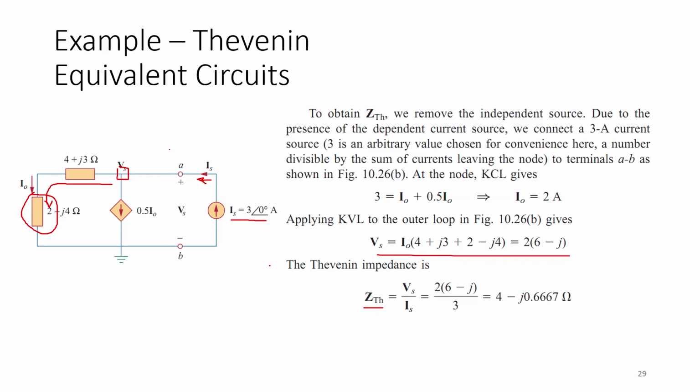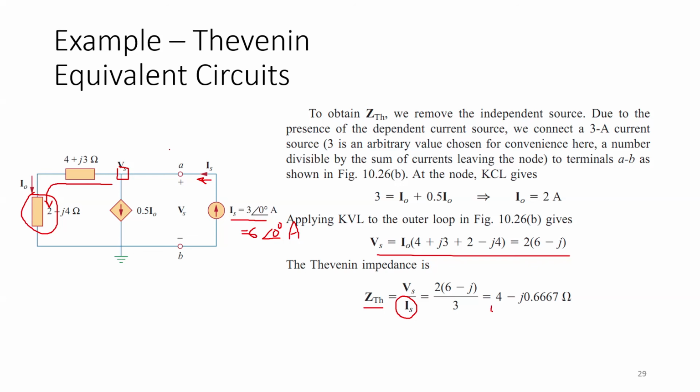And from here we can see that if we have used Is equal to, for example, 6 angle 0, let us say we are using this current source instead of 3, then how will it affect? It will affect only like this value would be 6 instead of 3. Secondly, our voltage drop would differ accordingly.